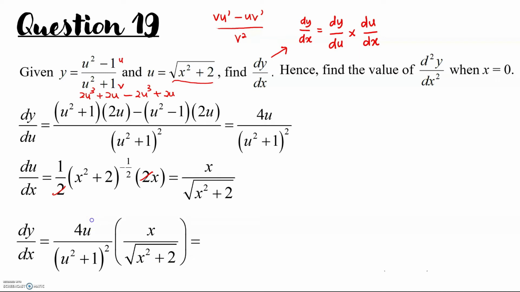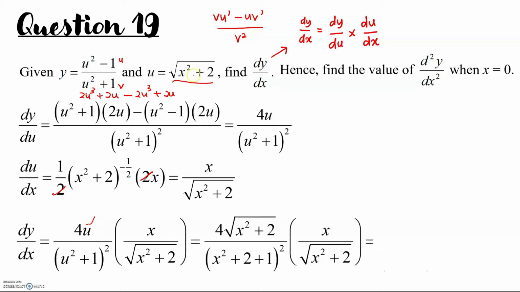Here, I substitute u with the cube root of (x squared plus 2). So it becomes 4 times the cube root of (x squared plus 2) over (x squared plus 2 plus 1) squared, times x over the cube root of (x squared plus 2). Then we can simplify, and you can get rid of these. So we are left with 4x over (x squared plus 3) squared for our dy over dx.